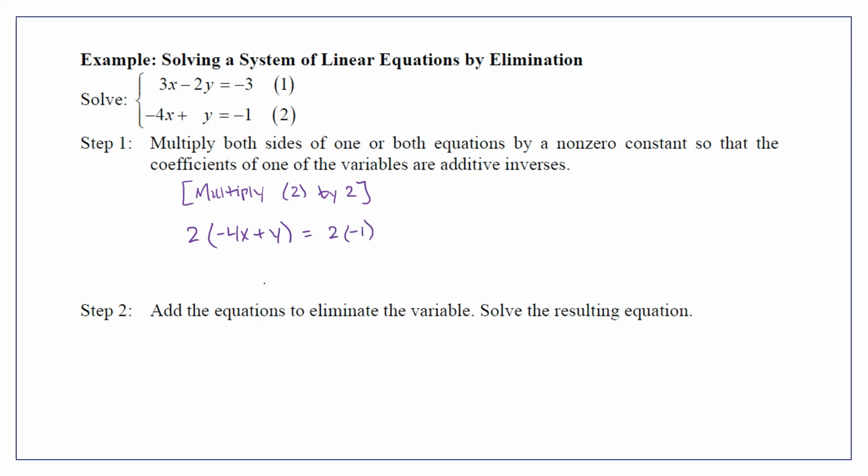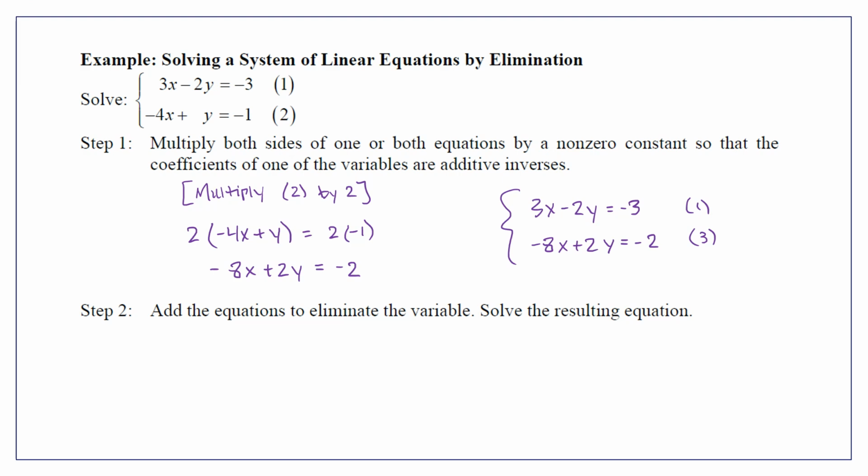And so now I need to simplify. When I distribute the 2, I'll have negative 8x plus 2y equals negative 2. So my new system is going to be 3x minus 2y equals negative 3, and then negative 8x plus 2y equals negative 2. So this is equation 1, and this is now equation 3 because it's a new equation, but equivalent to equation 2.